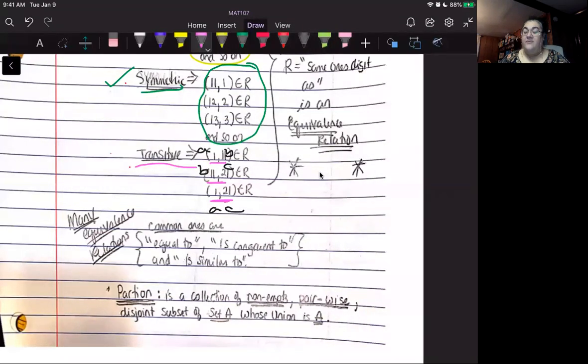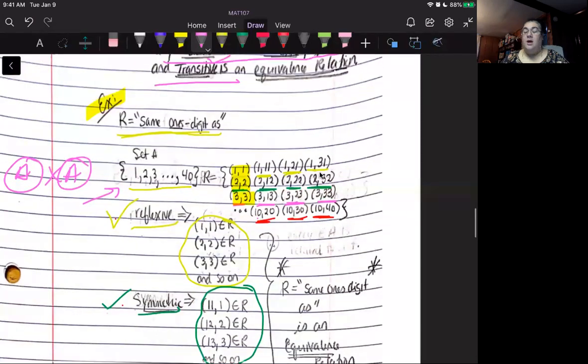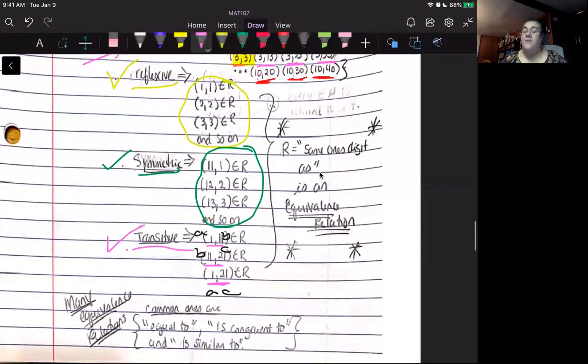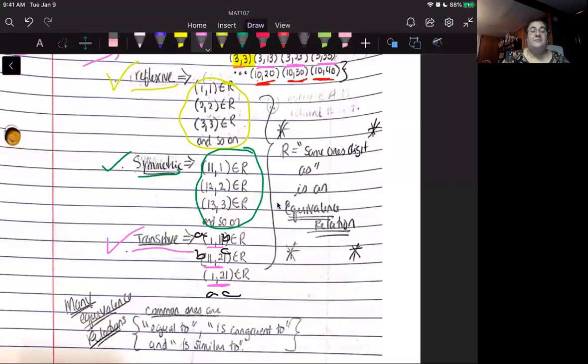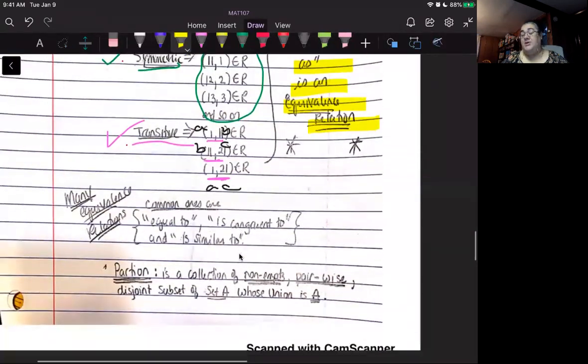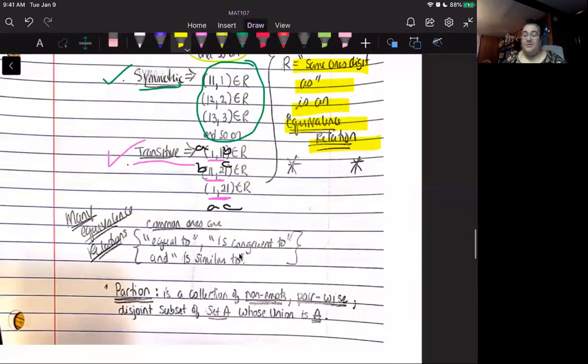So sure enough, this relation of same ones digit as, from set A, which contains the numbers 1 through 40, fulfills the requirements for being reflexive and symmetric and transitive. So therefore, we can say that this is an equivalence relation. Now, there are many equivalence relations, and your textbook even gives you some examples.